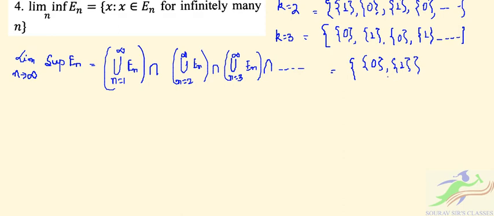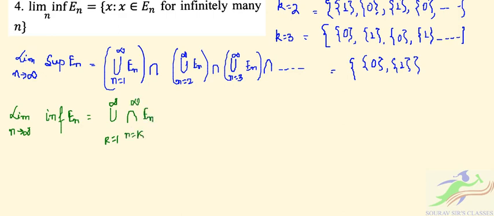So this is for the limit of supremum of En, and we have given the infimum also, the limit n tends to infinity of infimum En, union k equal to 1 to infinity of intersection n equal to k to infinity En.